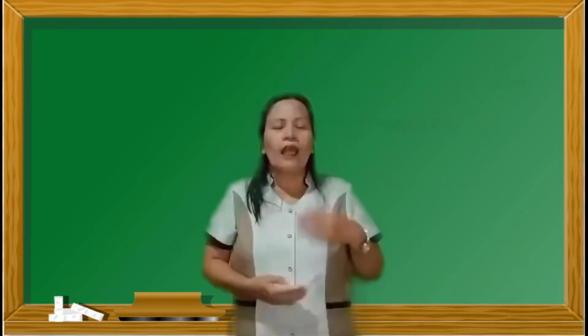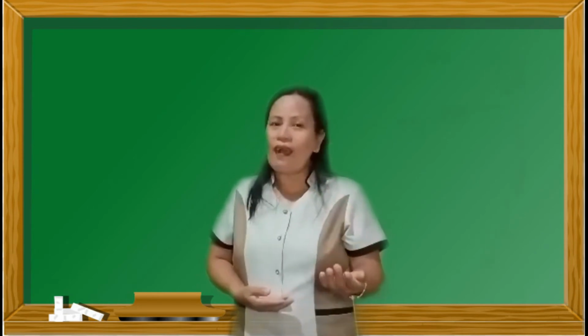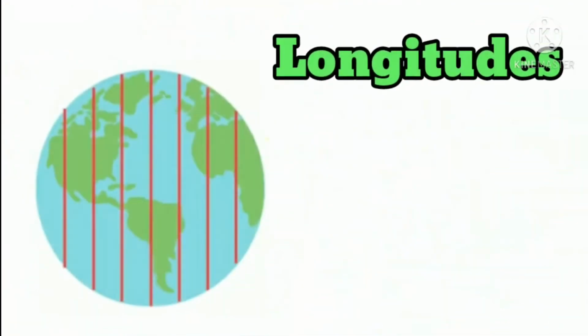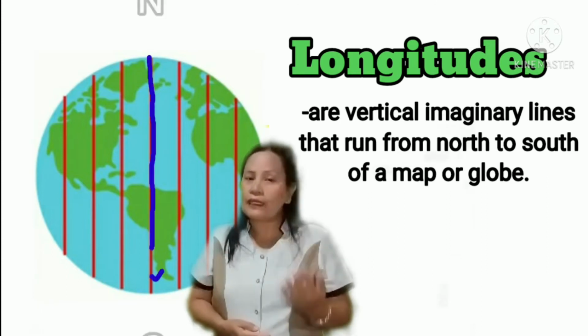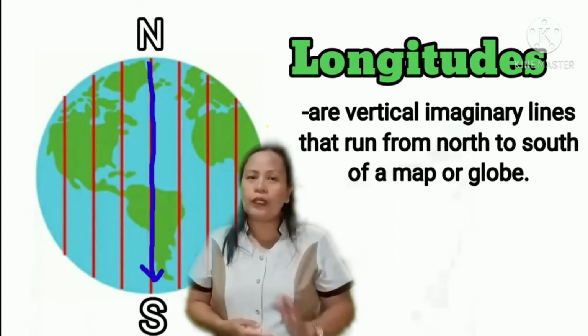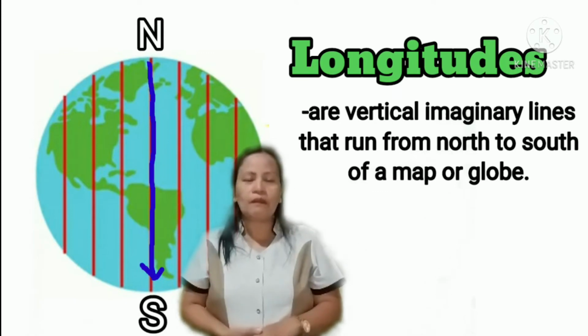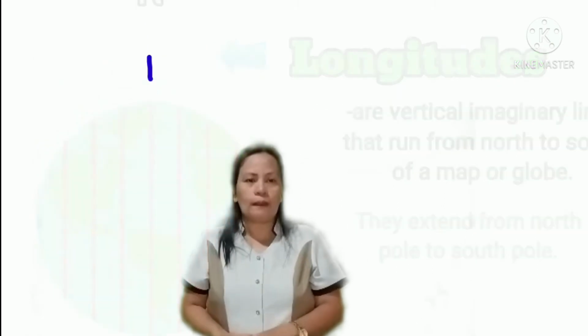Let's proceed to longitudes. What are longitudes? Correct! Longitudes are vertical imaginary lines that run from north to south of a map or globe. They extend from North Pole to South Pole.